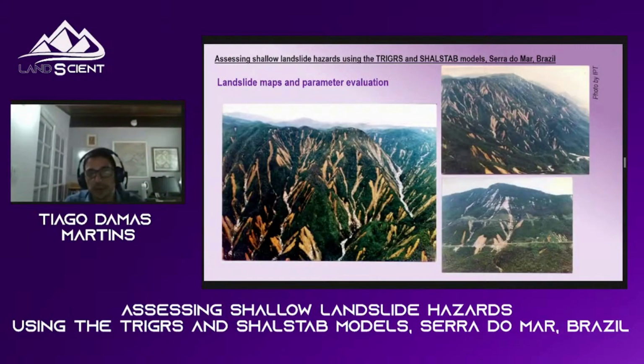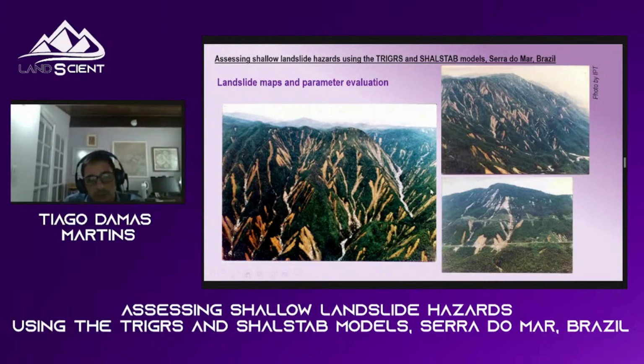As I said before, there were a lot of landslide scars in the 1985 event. These are some pictures of the area. As you can see, the shallow landslides happen in the upper slopes, and the material reaches the drainage system, and all this flows as a debris flow to the lowlands in the foot slopes.